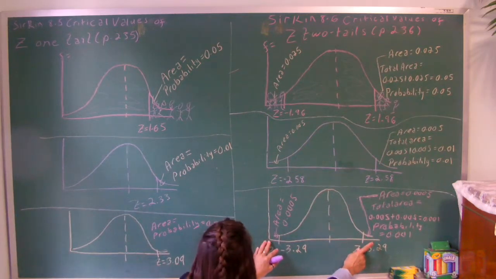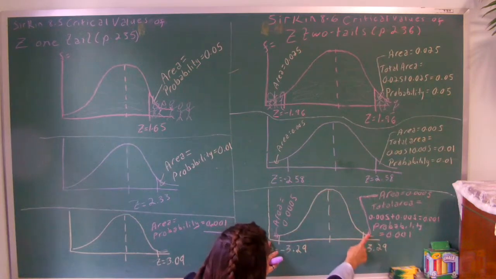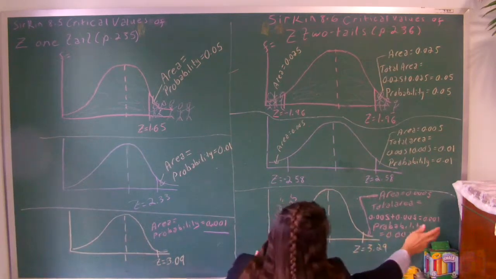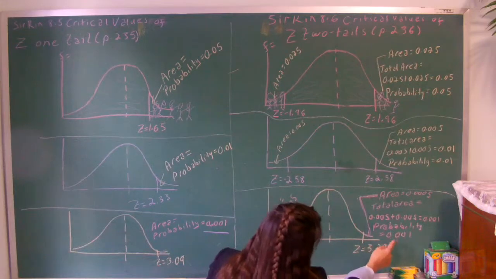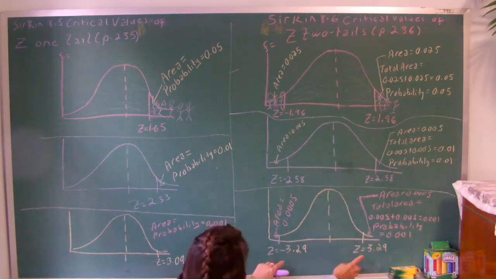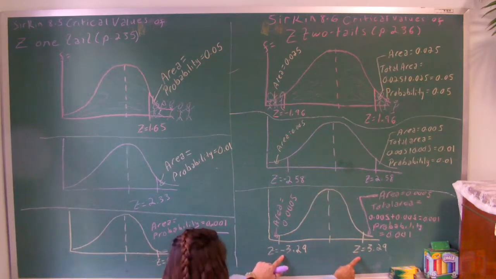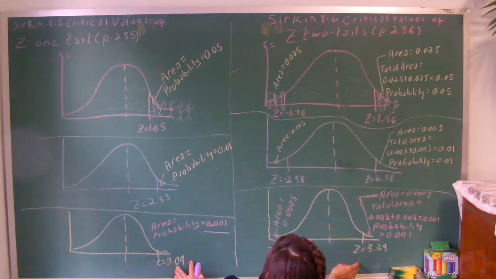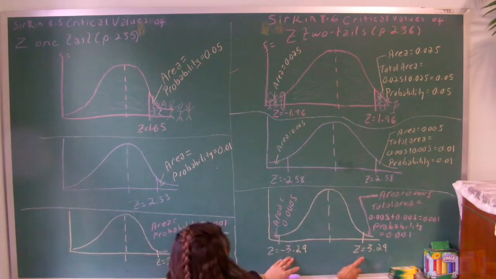The area equals 0.0005 for this side and 0.0005 for that side. When you add those together, you get a probability, or p-value, equal to 0.001. The Z for these would be Z equals negative 3.29 and Z equals 3.29. Again, the number is smaller for the one-tail and the Z numbers are bigger for the two-tail.